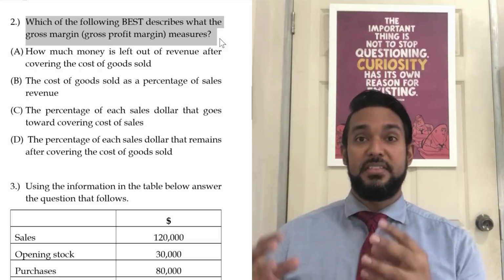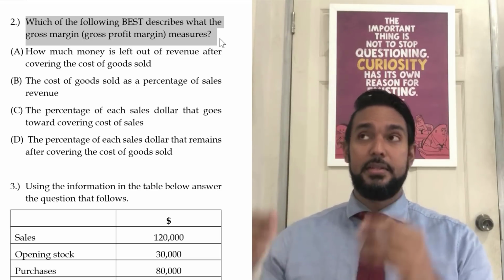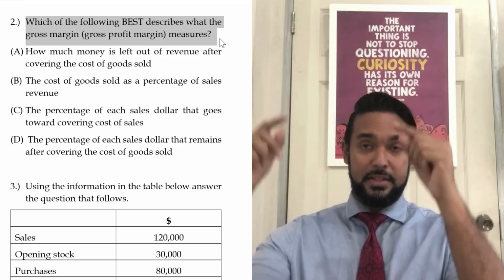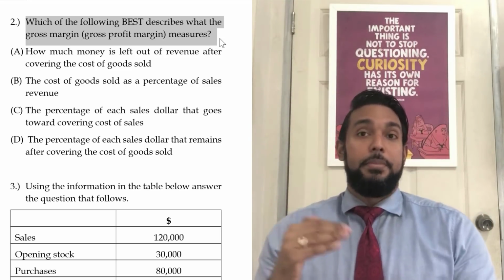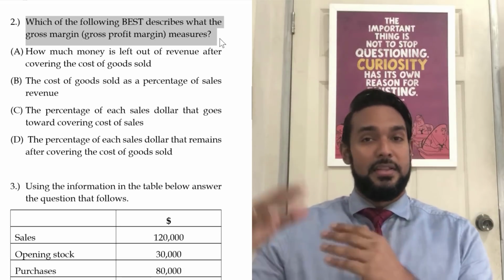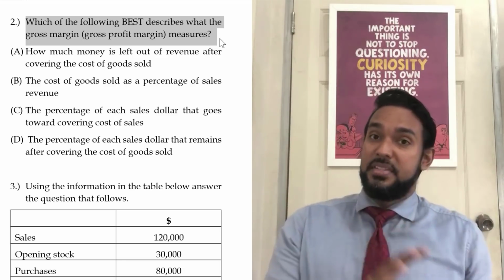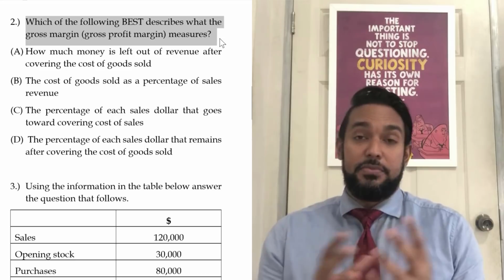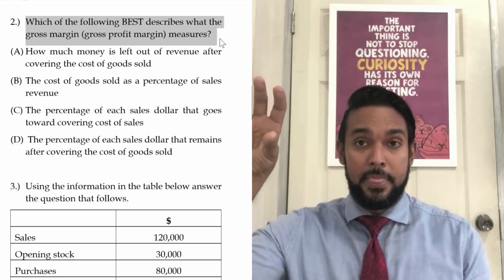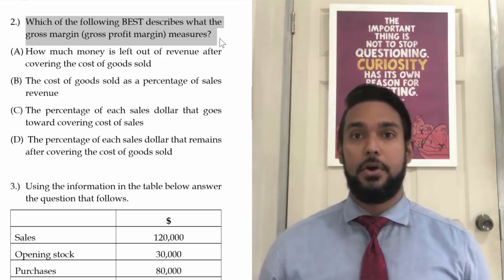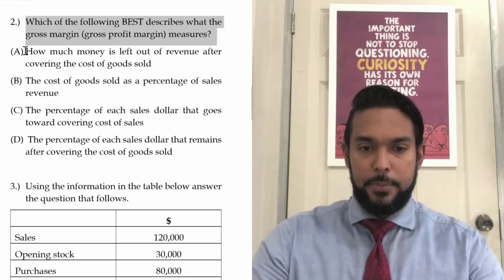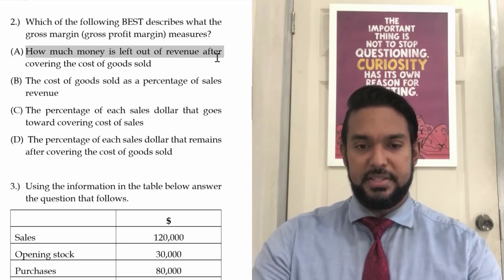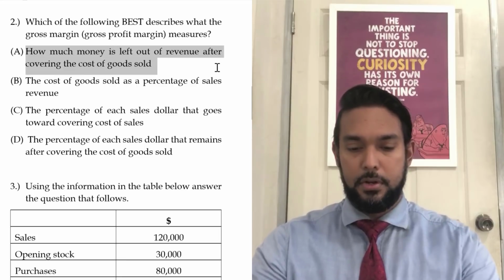So gross profit is the dollar amount that remains from your revenue, your net sales, after taking out your cost of goods sold. From the percentage perspective, it is that same concept in a percentage format. It is the percentage of net sales that remains after paying for the goods that you have sold. So how much money is left out of revenue after covering cost of goods sold?